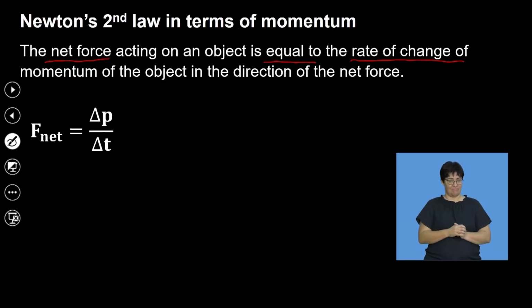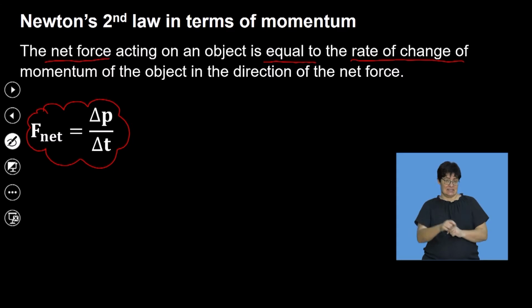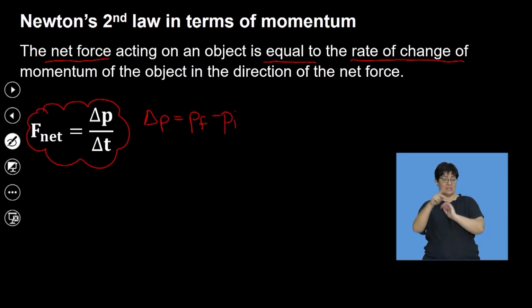So here's our next equation, where F net equals delta P over delta T. That's our equation. Now I didn't write it like that just now. Remember, change in momentum means that it's PF minus PI.